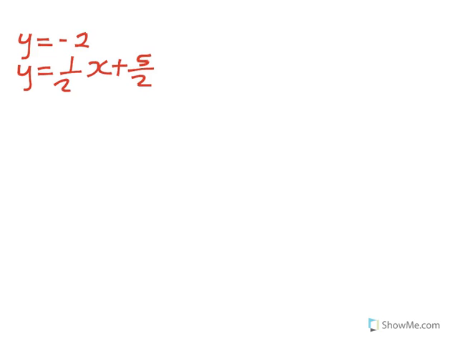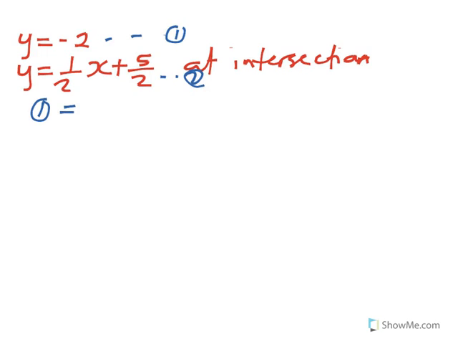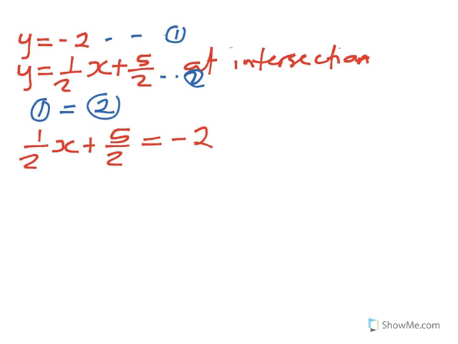Then at the point of intersection, if this is my equation 1 and this is my equation 2, equation 1 is equal to equation 2. So it means 1 over 2 x plus 5 over 2 is equal to -2. The two equations are just equal.